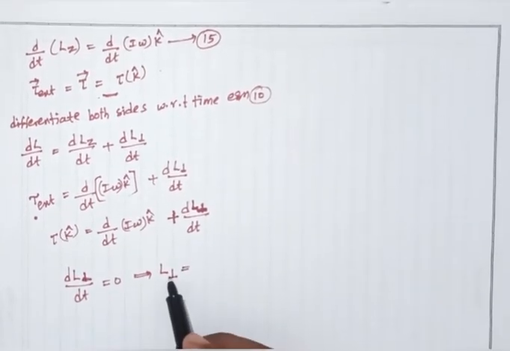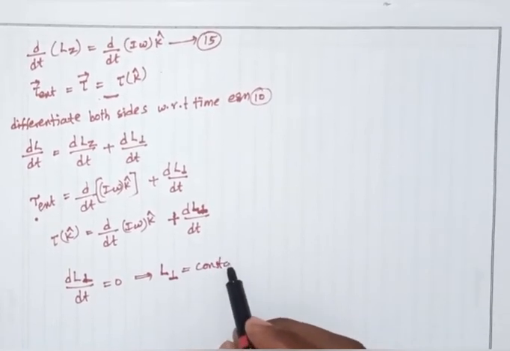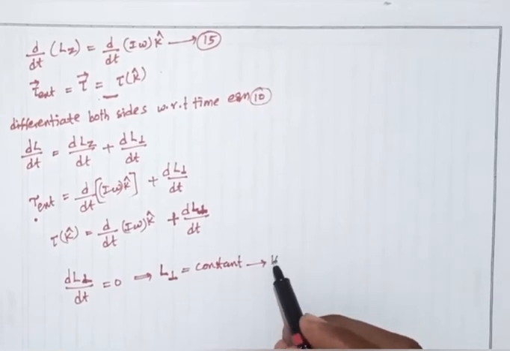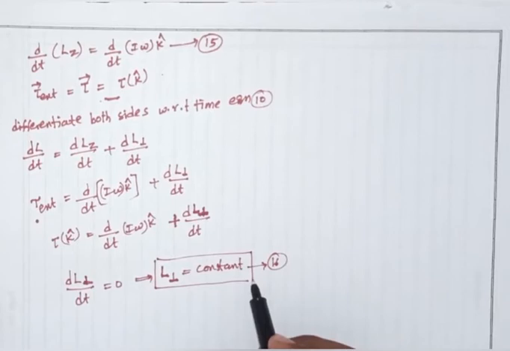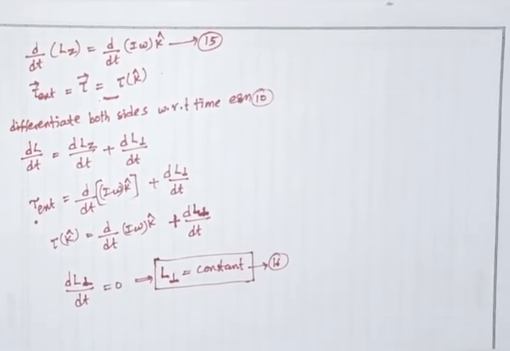The perpendicular angular momentum is constant. This is equation number 16. Along the perpendicular line, the angular momentum of the rigid body is constant.